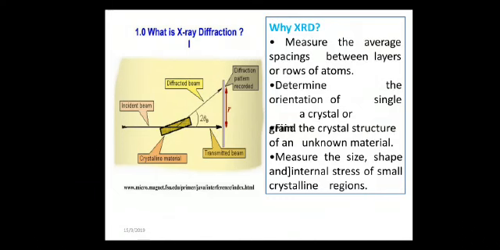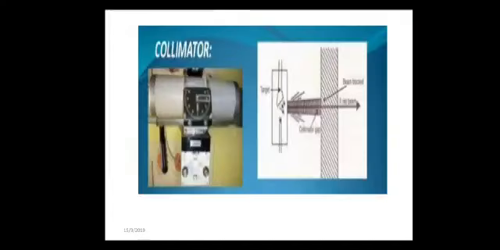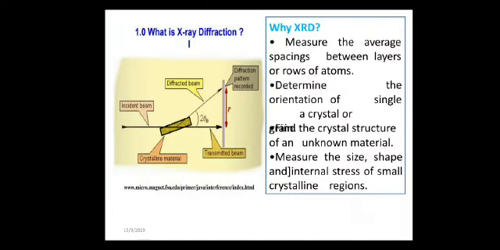Let's see the working principle of this X-ray diffraction. X-rays are generated in a cathode ray tube by heating a filament to produce electrons, accelerating the electrons towards the target by applying a voltage, and bombarding the target material with electrons.